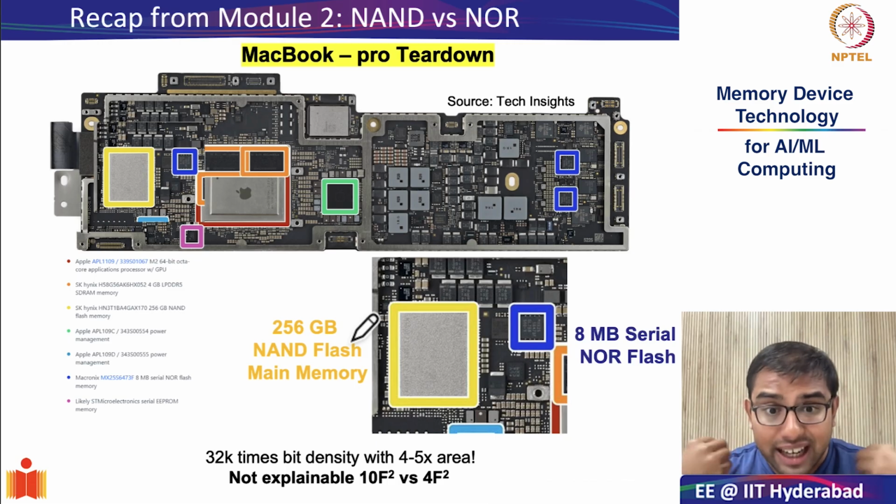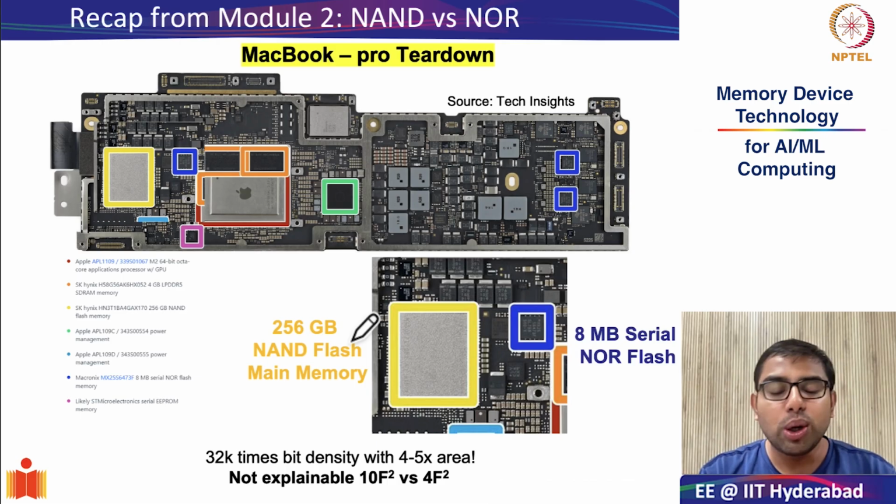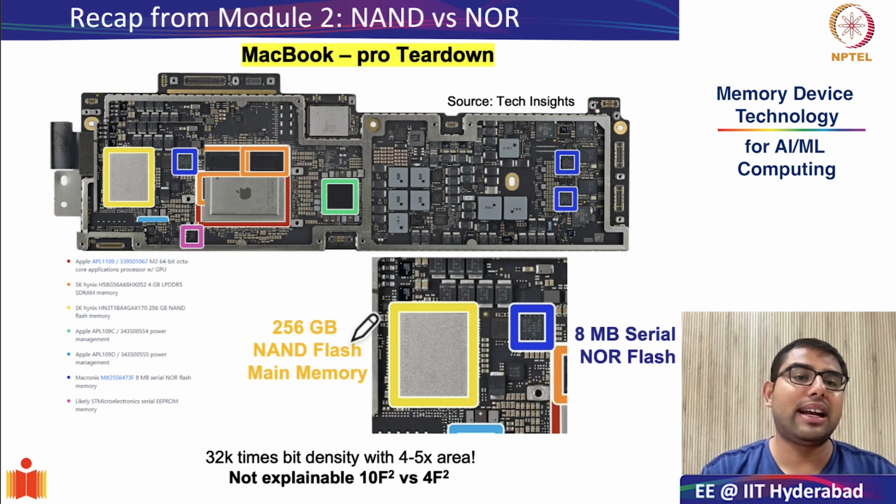So the final bit density cannot be explained only through the cell layout difference of 10F squared and 4F squared. Something very interesting is happening, and that is what makes NAND flash very scalable, and it makes us really look deeper into what happens with NAND flash memory.